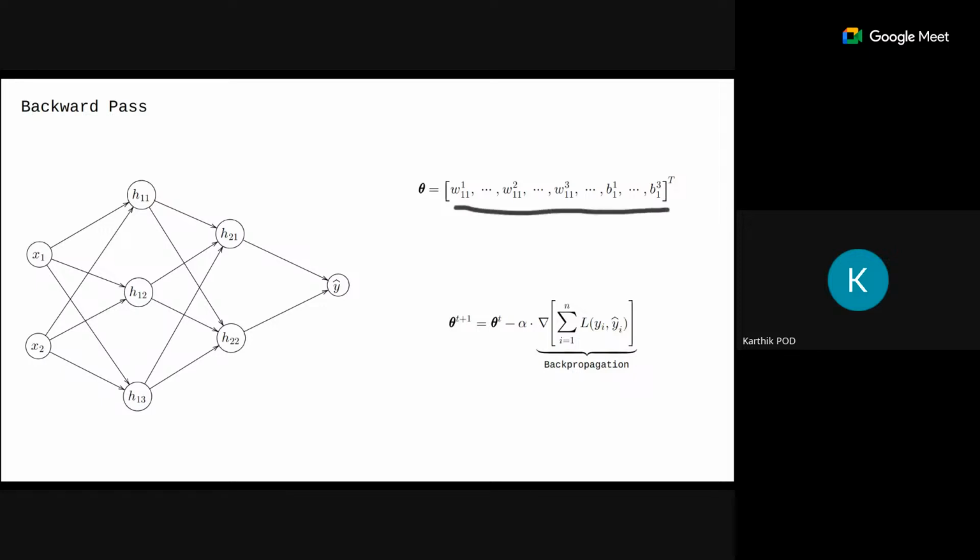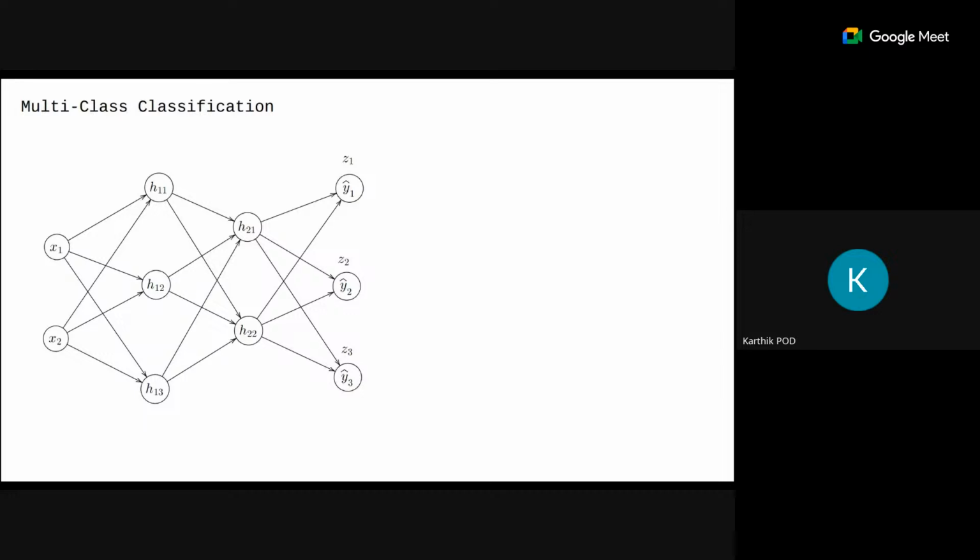This has w's and b's, so it's the entire parameter set, all learnable parameters. You put them inside theta and call it theta. And t means the time step, the iteration number. Yeah. Okay, that's called the backward pass.